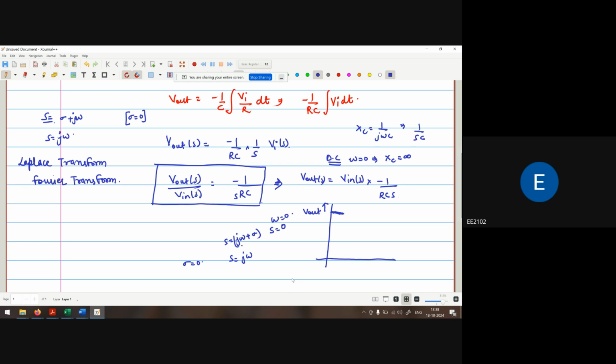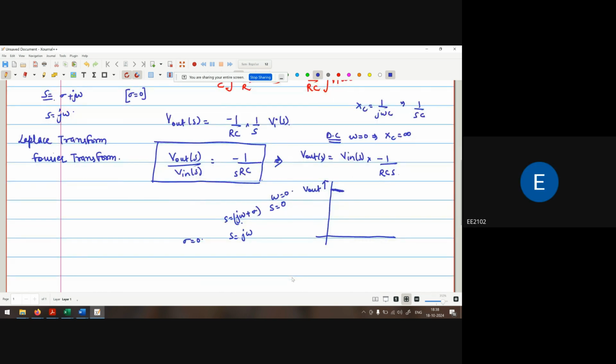Remember the DC behavior of the capacitor and inductor. So the capacitor behaves as an open circuit for DC, which means no DC current will pass through it.